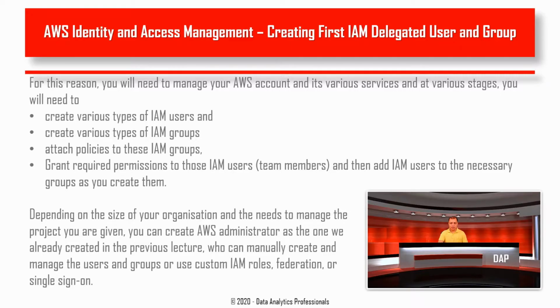Depending on the size of your organization and the need to manage the project, you can create an AWS administrator, like the one we already created in the previous lecture, who can then manually create and manage the users and groups, or use custom IAM roles, federation or single sign-on.